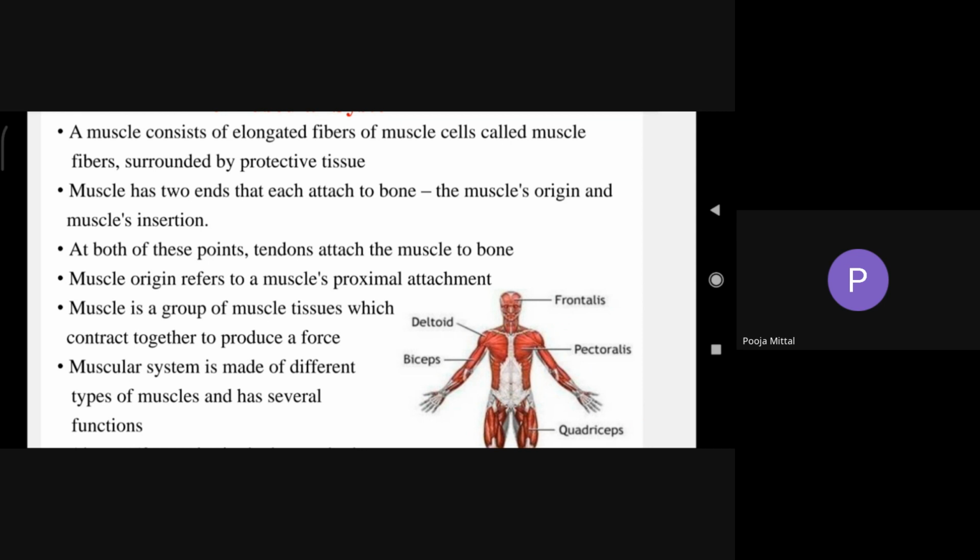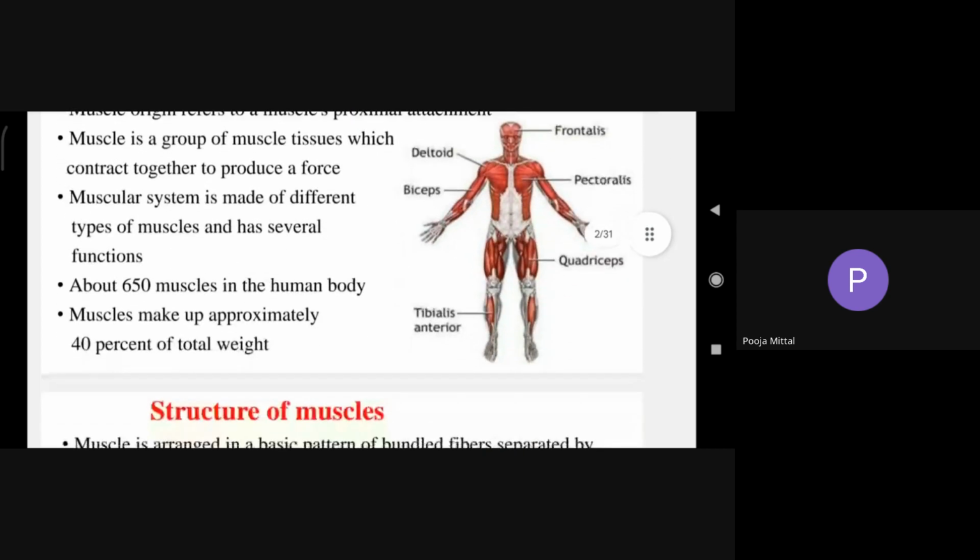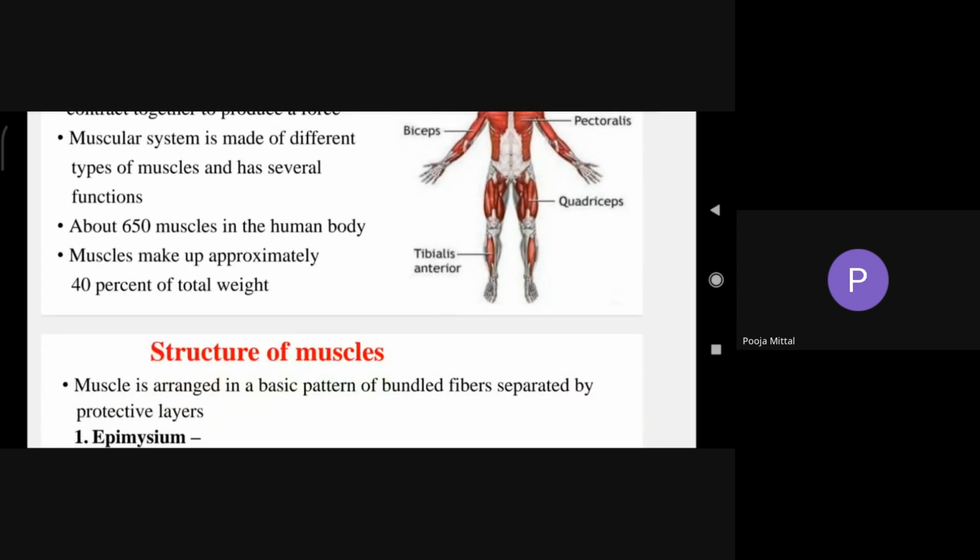The muscular system is made of different types of muscles and has several functions. There are about 650 muscles in the human body. Muscles make up approximately 40% of total body weight.